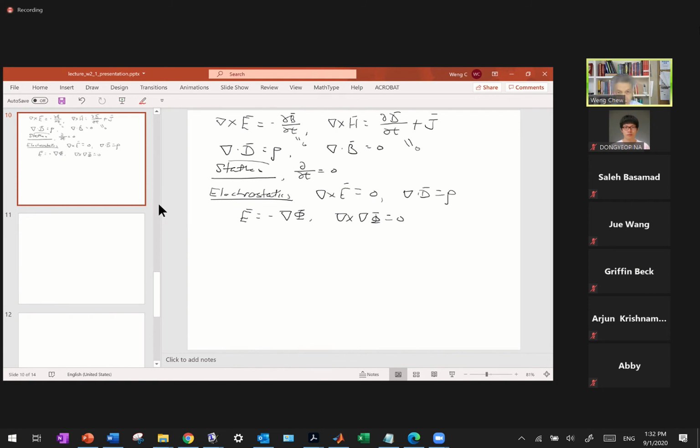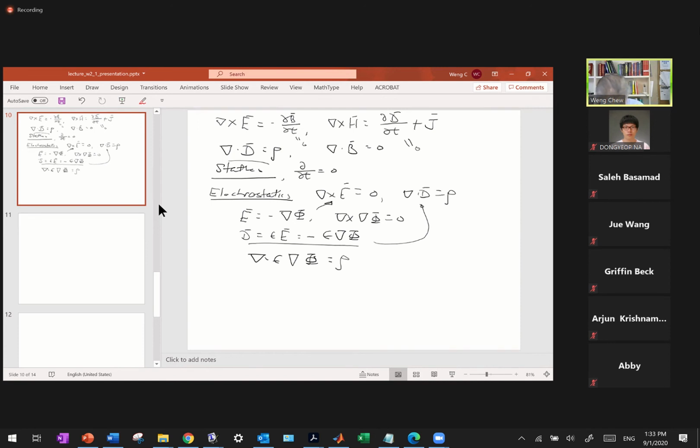So if we assume that E is equal to minus grad phi, this equation is automatically satisfied. Then D is epsilon E, which would be just minus epsilon grad phi, and we can plug this into here, then we get divergence of epsilon gradient of phi equal to minus rho.